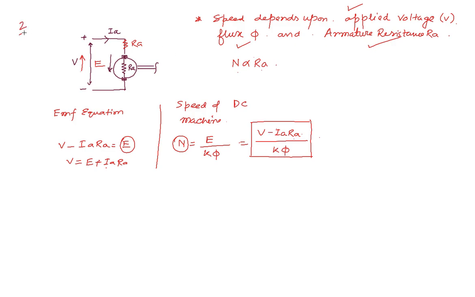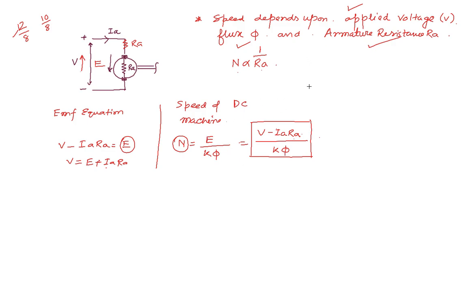If previously it was 12 by 8 and now it becomes 10 by 8, which one is larger? This one is larger. So if IARA is increased, this part is decreased. That means the armature resistance is inversely proportional to N.